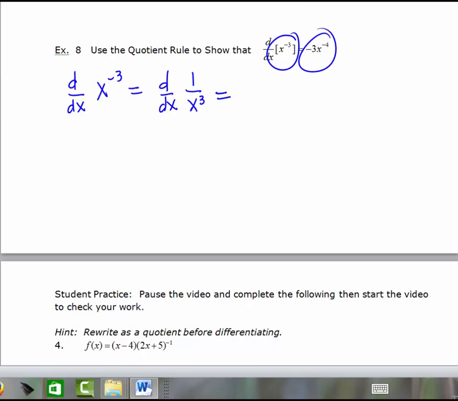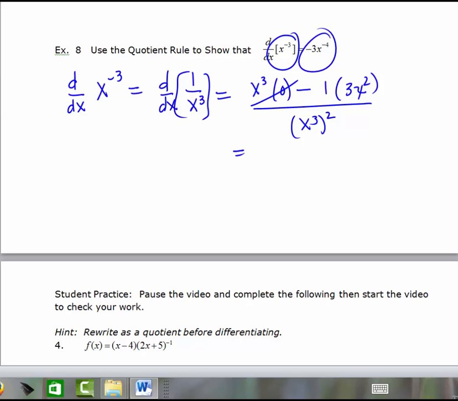So the derivative of 1 over x cubed is going to be the bottom times the derivative of the top, which is 0, minus the top times the derivative of the bottom, all over the bottom squared. This cancels out. In the numerator I get negative 3x squared. In the denominator I get x to the 6th.